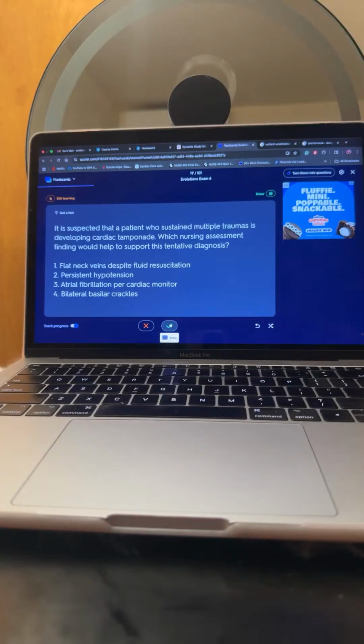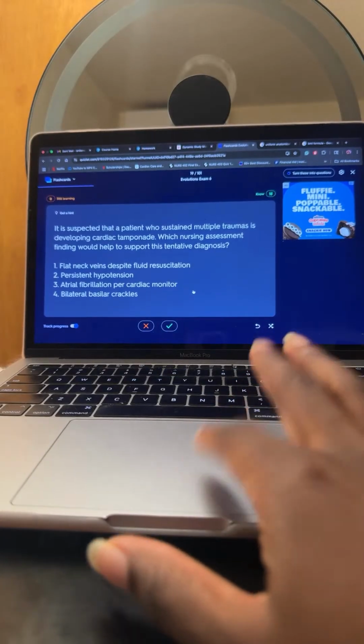So let's look at our options. We have flat neck veins, so no. We would have jugular vein distension, showing that it's very prominent, right? Persistent hypotension, yes. So that's our answer, number 2.